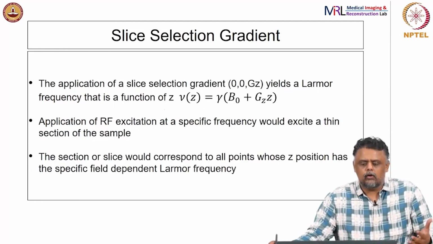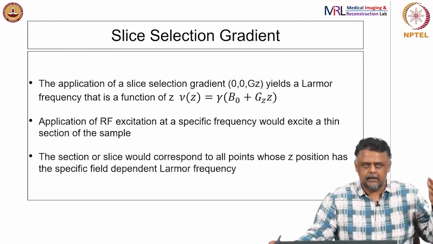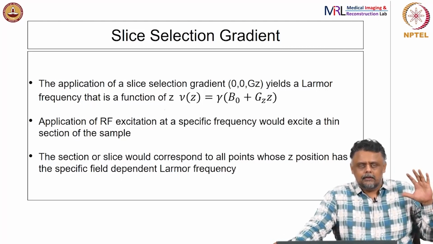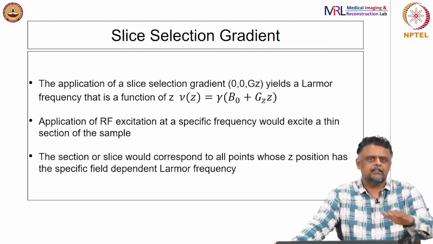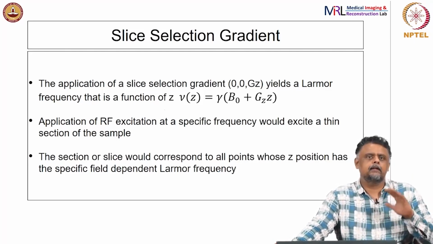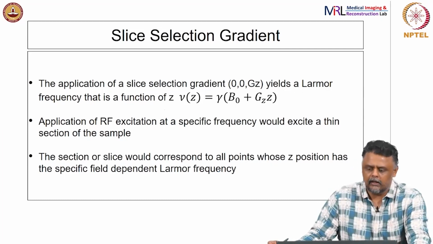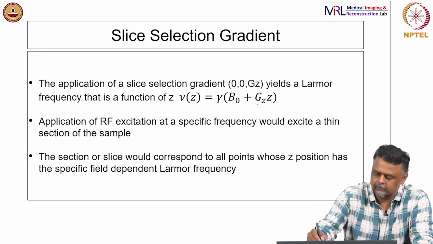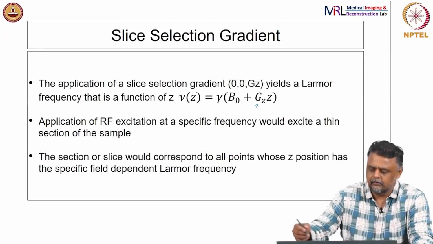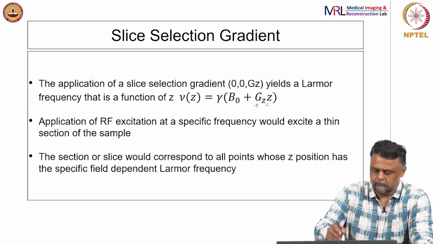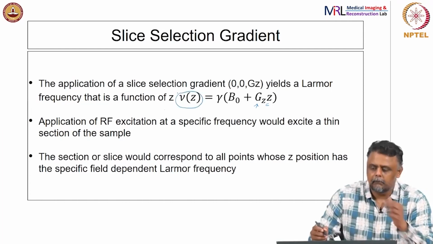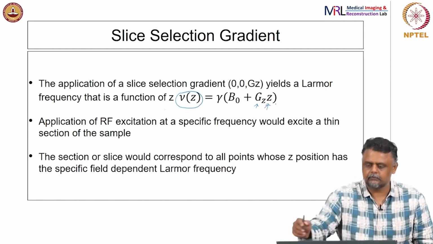So, if we apply the so-called slice selection gradient, which is basically the gradient along the Z axis. Once again, remember the direction of the magnetic field is still along Z, just that its magnitude is varied by the slice selection gradient. Once you apply a gradient at this rate, so many Tesla per meter or milli Tesla per meter times Z, the precession frequency becomes a function of Z, you can see that here, right.